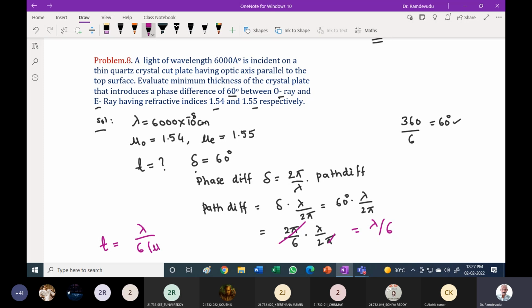So T is lambda, 6000 into 10 to the power minus 8, by 6 into (1.55 minus 1.454). How much do you get for this T value?